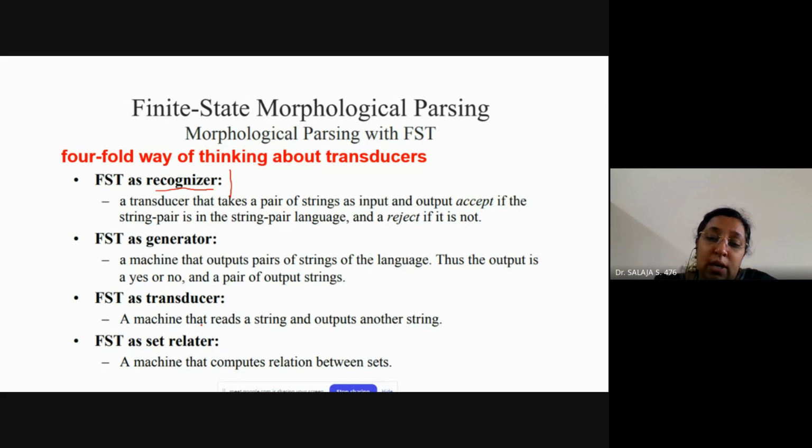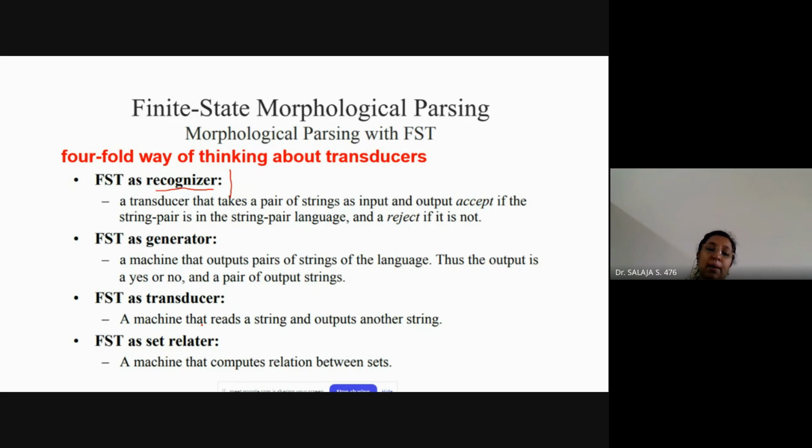Reading a set of strings, when you say cat, noun and plural, it generates a completely new string, cats. When you talk about computer, adjective, IZE and ATION, from computer a new string has been generated, computerization.